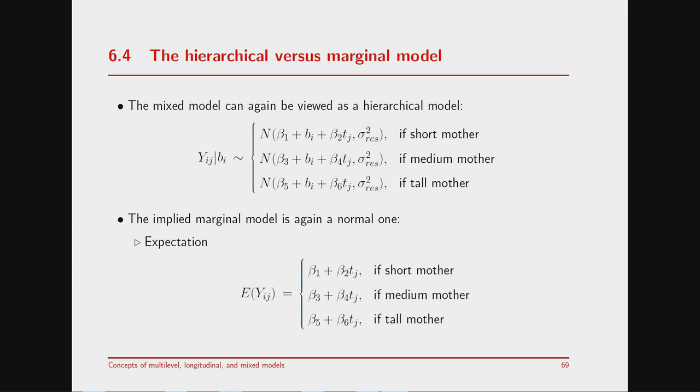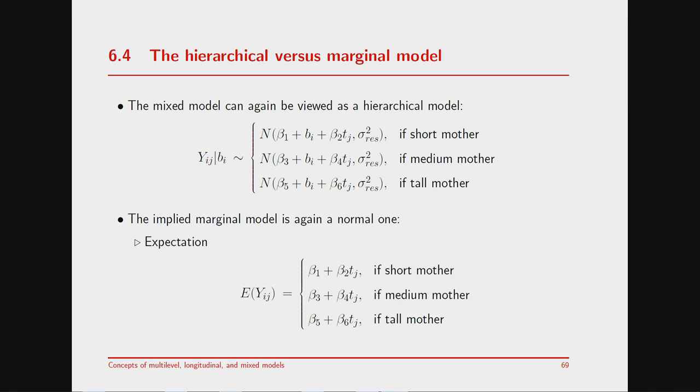Well, given b_i, the observations y for that child would follow this distribution, or that distribution, depending on the group to which that child belongs. And the variability would then come from your residuals, because you condition on the child. So this hierarchical model basically represents the data for a particular child. That's the model for the data of a particular child. So the only variability that you see there is that residual variability.